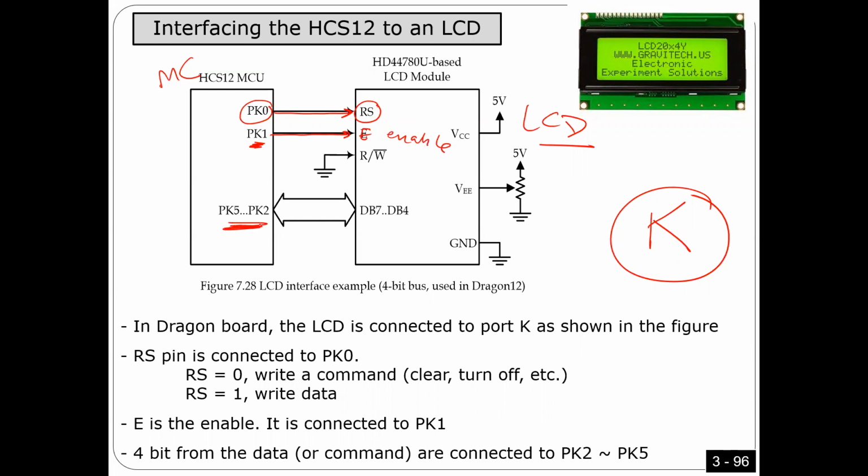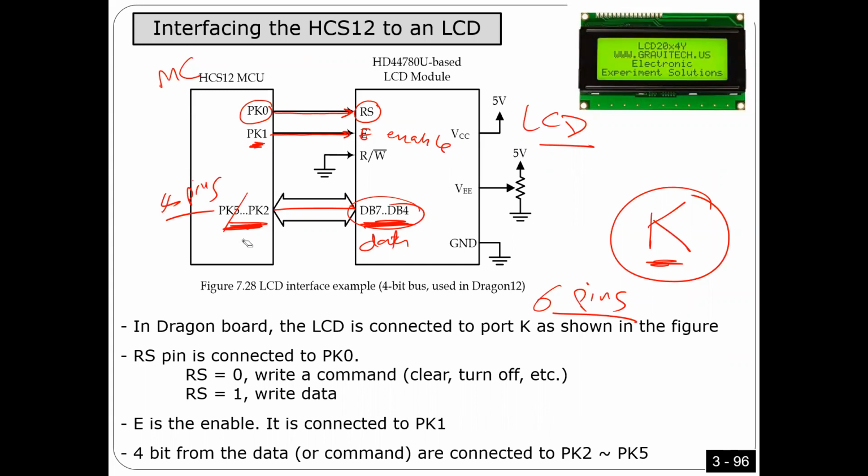Also, you can see PK2 to PK5, which are four pins, 2, 3, 4, 5, connected to 4 pins here. We call them data pins, 4 pins. So all we need from port K is pins 0 to 5, so we need 6 pins. Is that okay, guys?